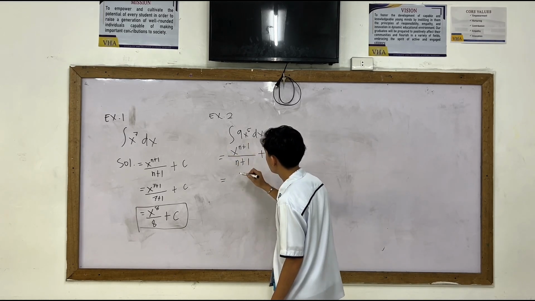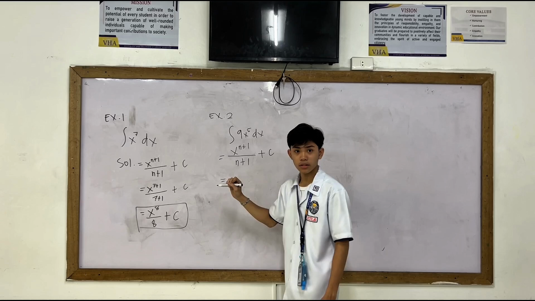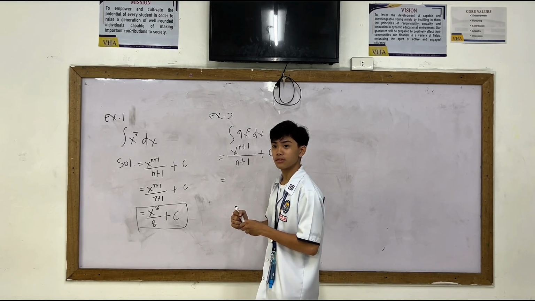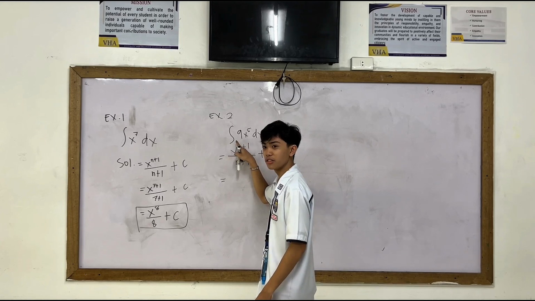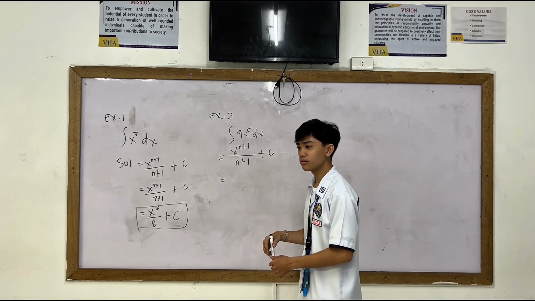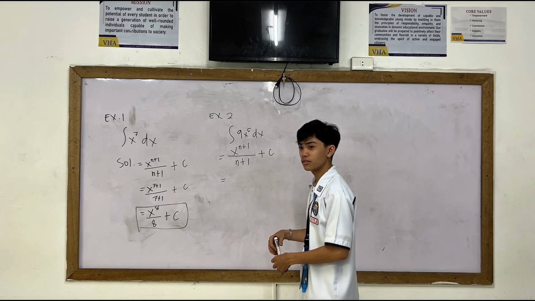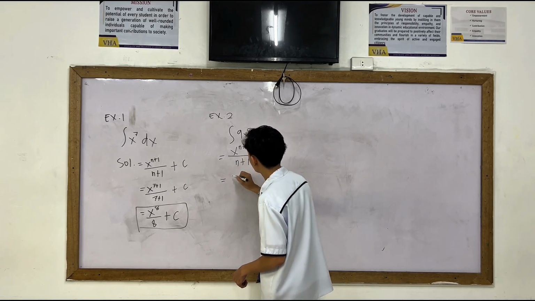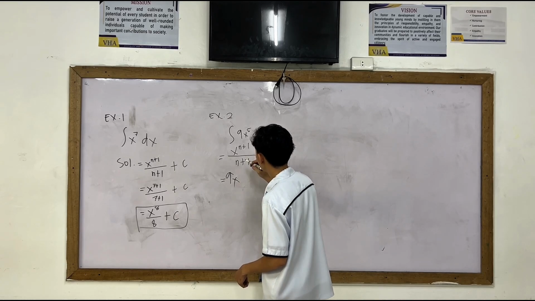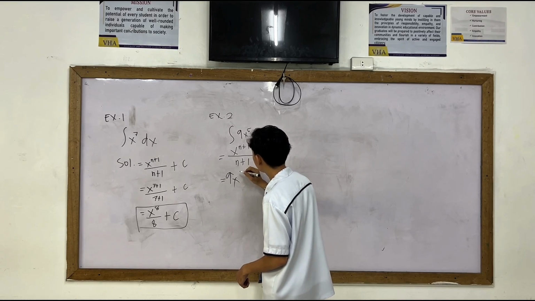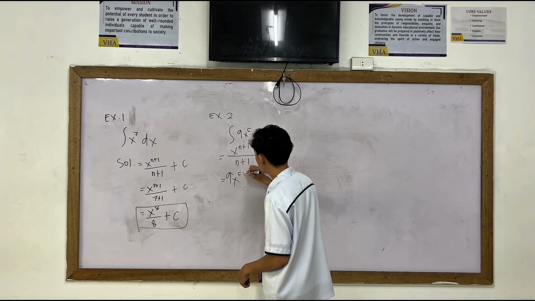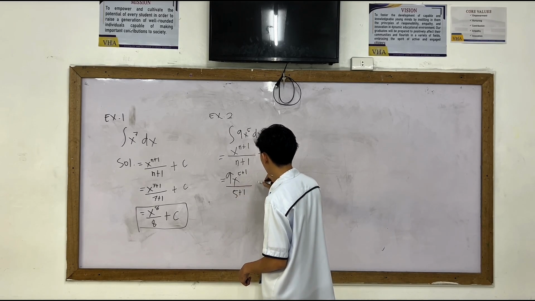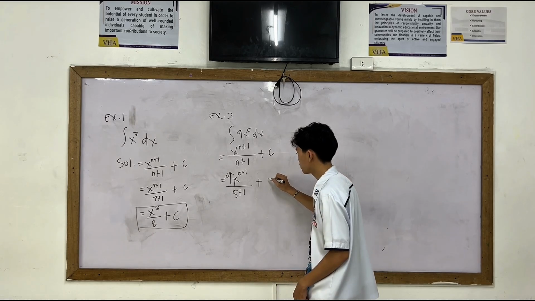Okay. Now we have the, so we copy this. So 9x raised to the constant 5 plus 1, and then 5 plus 1 plus the constant of integration.